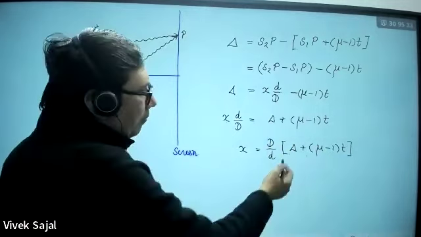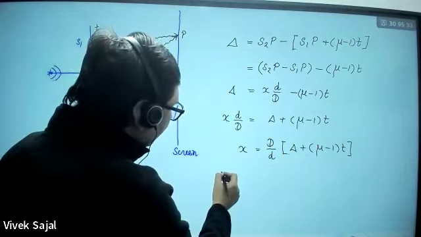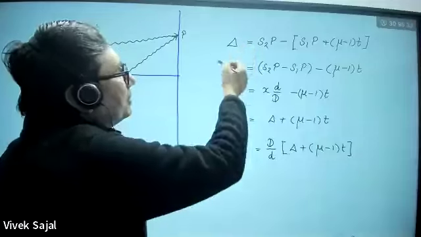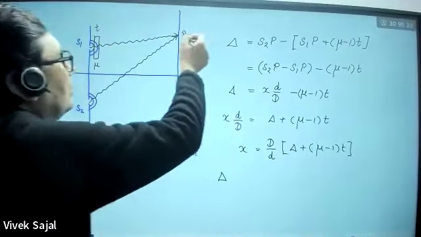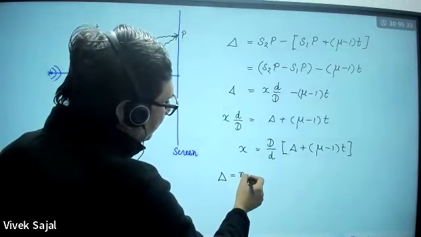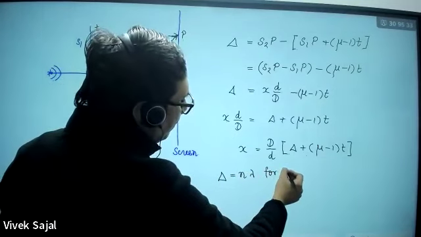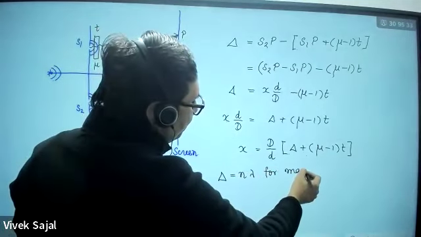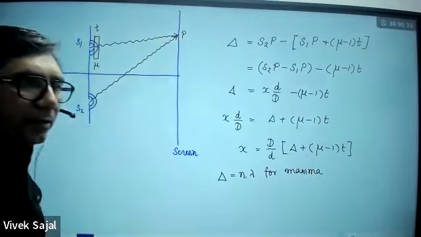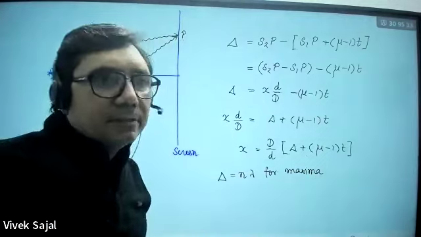Now, what is the condition of nth maxima? You know that the path difference at point P should be equal to n lambda for maxima. Maxima are called bright fringes, and minima are called dark fringes.